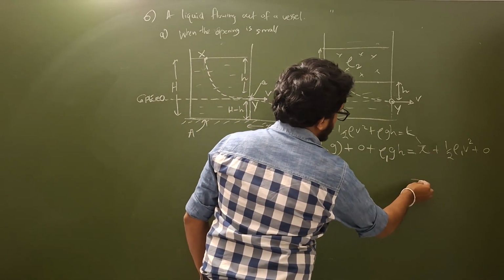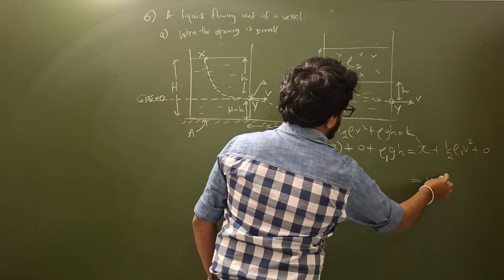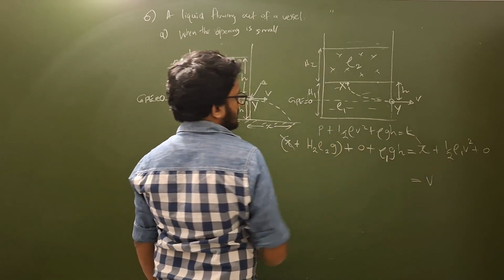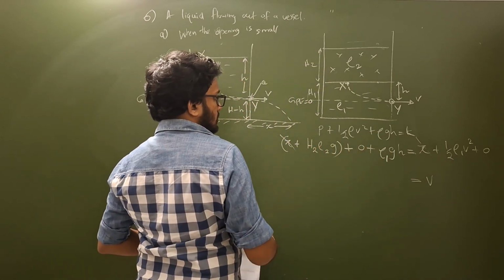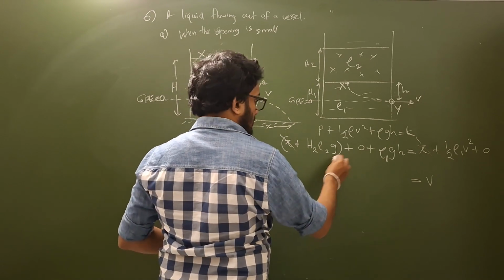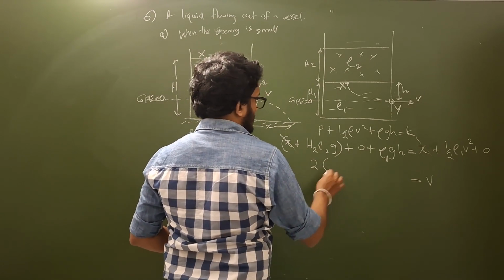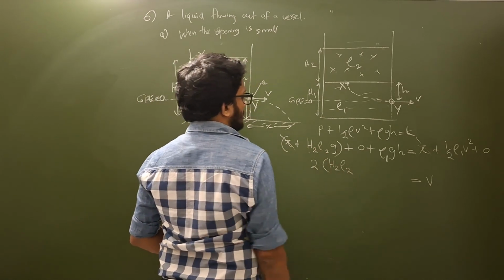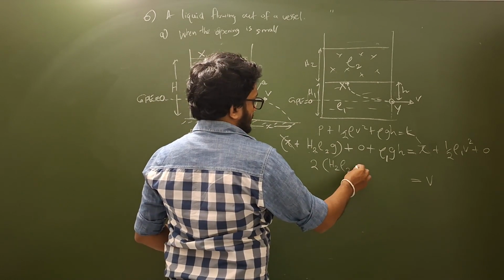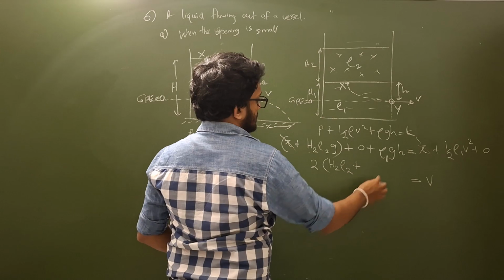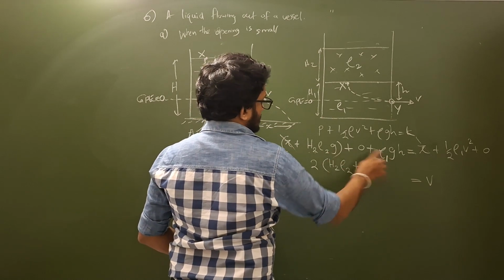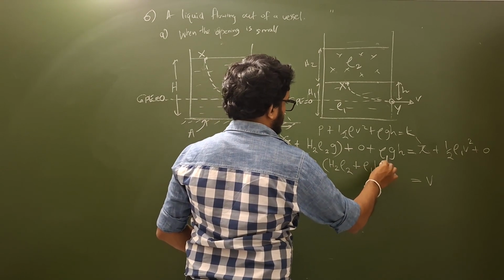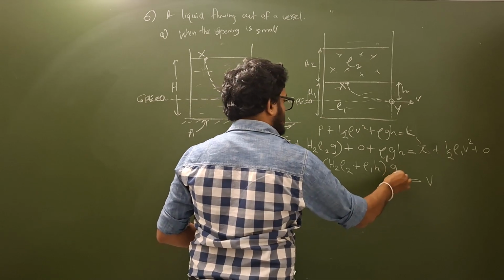If I make v the subject, I have to take 2 to this side, so I will get 2, and in brackets I have h2 rho 2 plus, taking g out, rho 1 simple h, and I am taking simple g out.